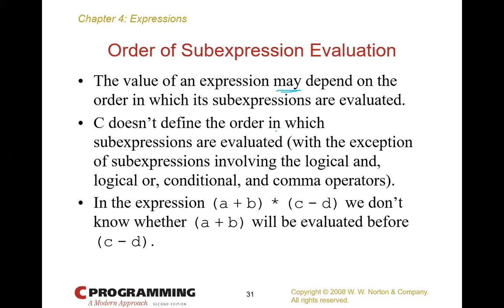Okay, C doesn't define the order in which sub-expressions are evaluated, except for expressions involving logical and, logical or, conditional and comma operators. So in this expression, we don't know if A plus B will be evaluated before C minus D. This influences a number of things in our thinking, in our programming.